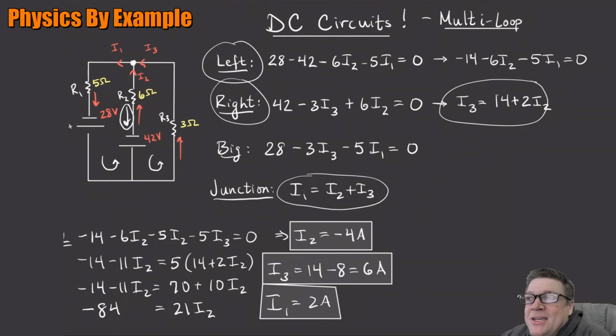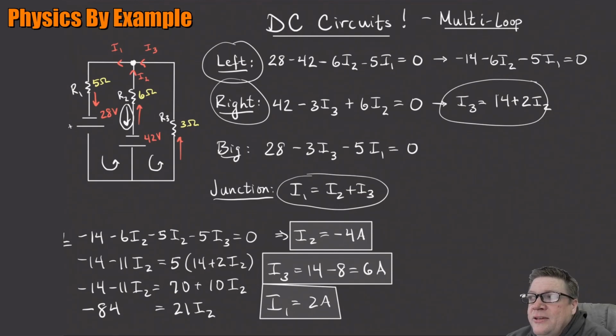All right. So now we know the current through each of those resistors and their directions. If you want, you could find the power, I squared R, for each one as well. Just to make sure that we didn't make a mistake, if you're ever taking an exam or doing homework, it's good to take a few minutes. Since we had too many equations, we took the trouble of writing them all down.